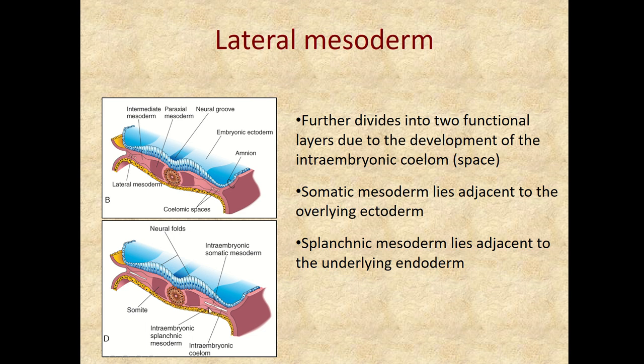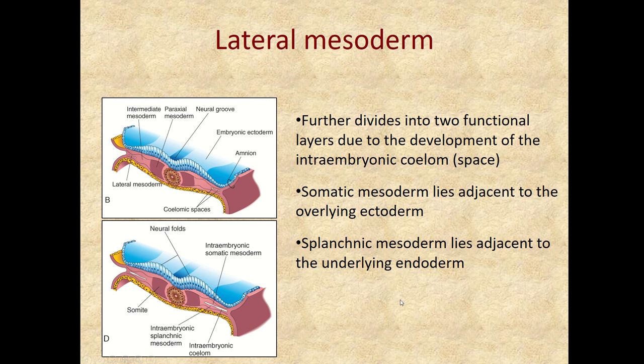And so when we have separated the mesoderm into mesoderm that is adjacent to the ectoderm, so this is more superficial mesoderm, we're going to call that somatic mesoderm, and we're going to call the mesoderm that's adjacent to the endoderm here splanchnic mesoderm.